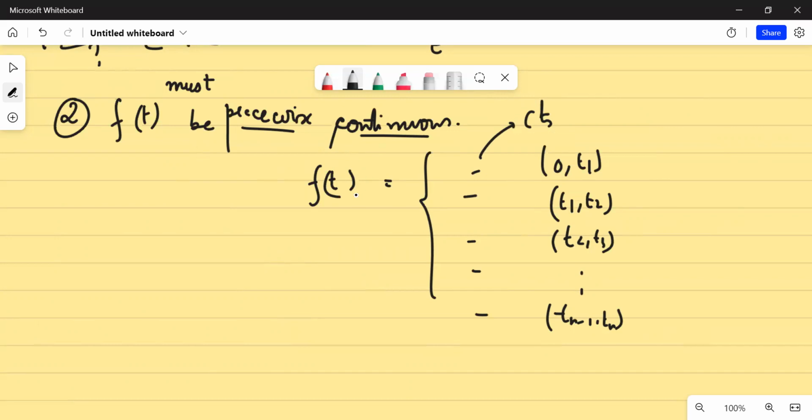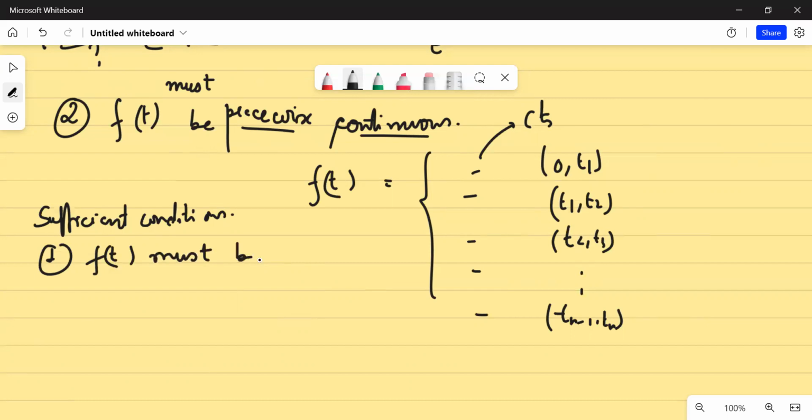So one has to remember two things, that for existence of your Laplace transform, the sufficient conditions are: one, my function f(t) must be piecewise continuous. And secondly, my function f(t) must be of exponential order.